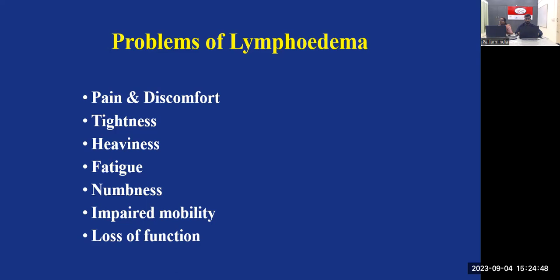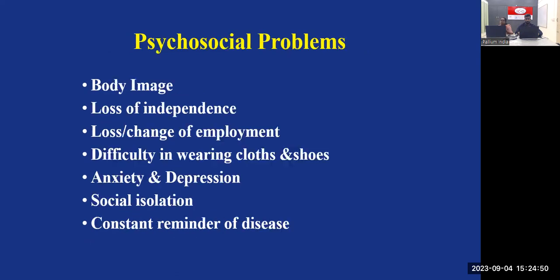This will affect the patient emotionally, socially, and spiritually too. Coming to the psychosocial problems, body image: one limb is normal and the other one is huge. This affects the patient a lot, because nobody exposes this kind of limb in public. I have seen many patients like this; whenever lymphedema patients come to our OPD, they cover their affected limb with clothes.